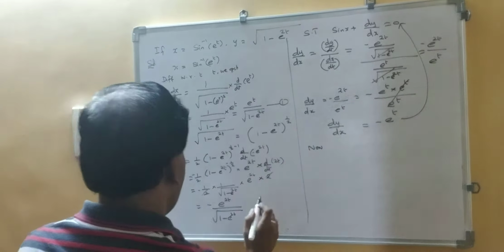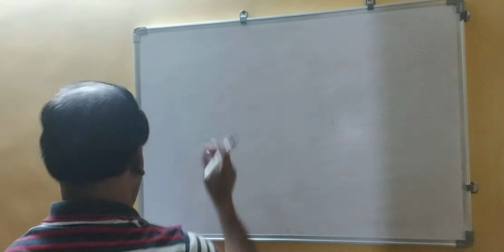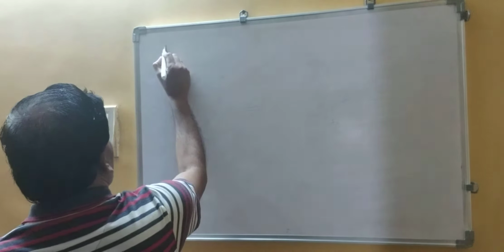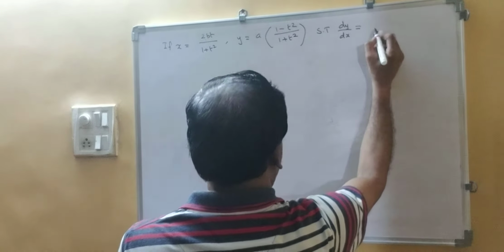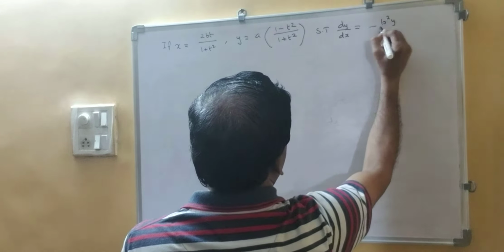Now the next sum we will do: if x equal to 2bt upon 1 plus t square, y equal to a into 1 minus t square upon 1 plus t square, then show that dy by dx equal to minus b square y upon a square x.